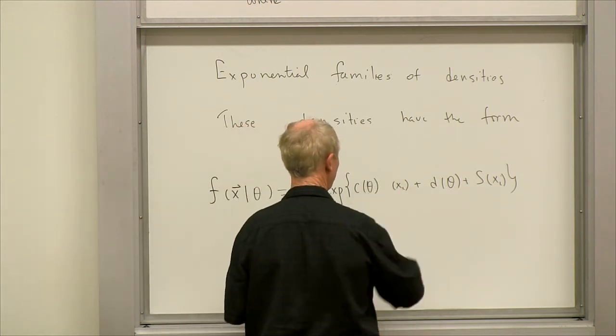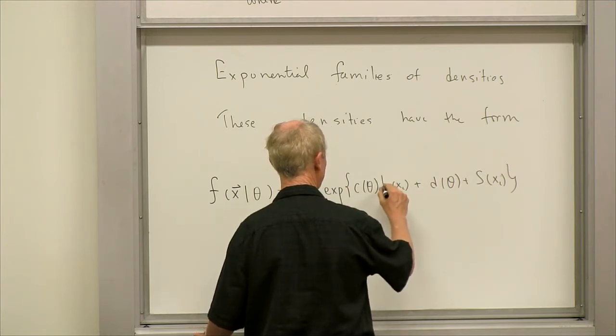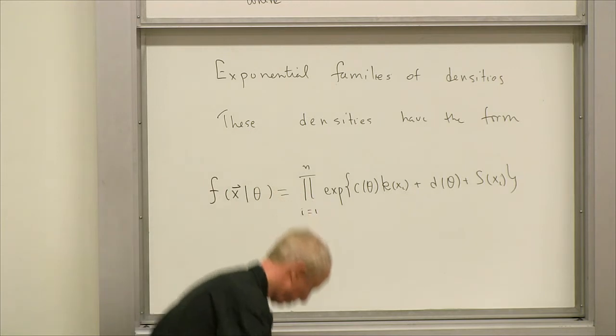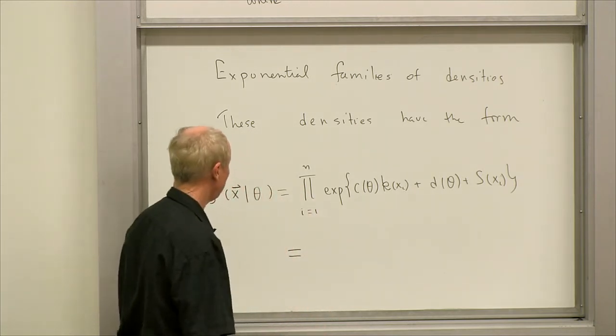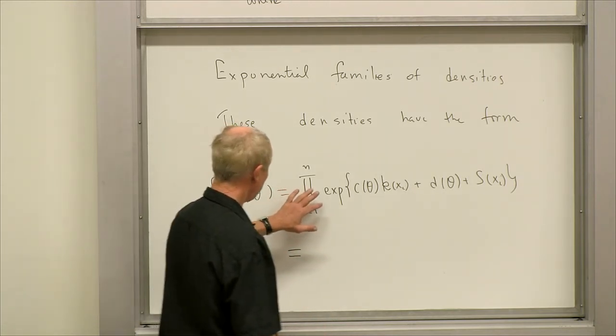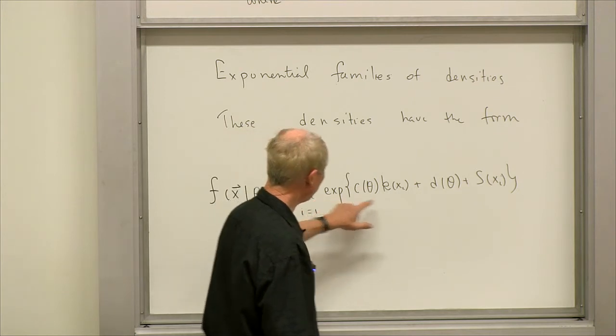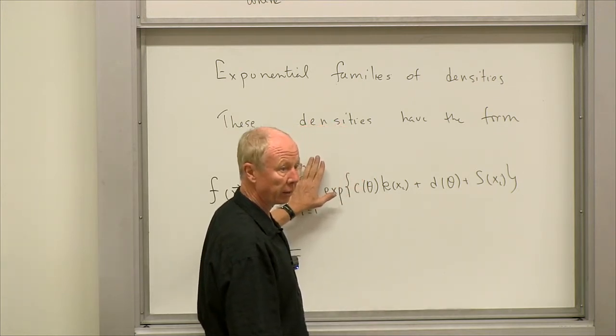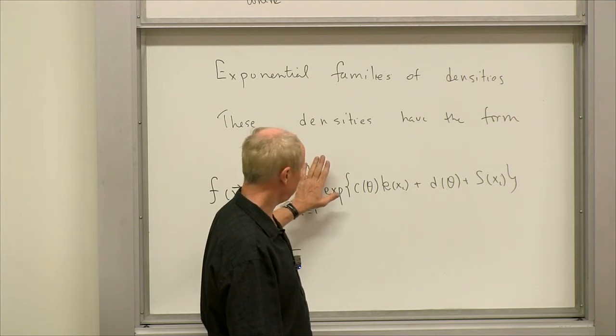Let me change this to k of xi here. Now this means that the individual densities are given by some function that looks like that.